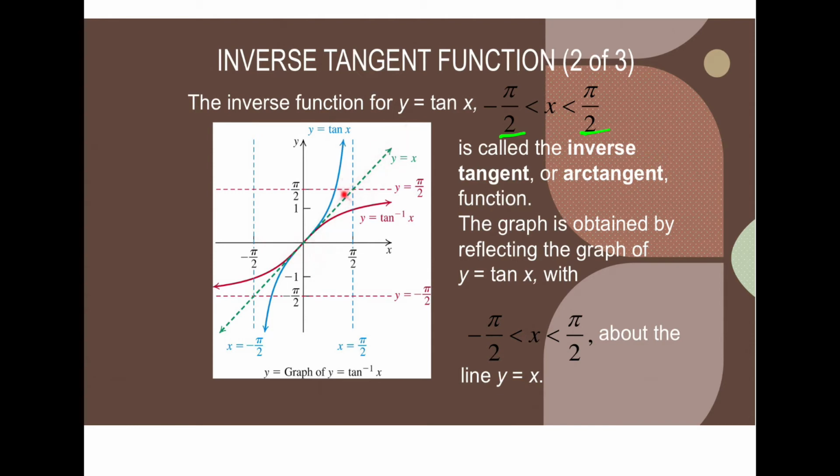And so we can see here, here's in blue our regular tangent function, and then in red our new function. Notice that the asymptotes are horizontal asymptotes rather than vertical asymptotes, but basically we do a similar thing here.